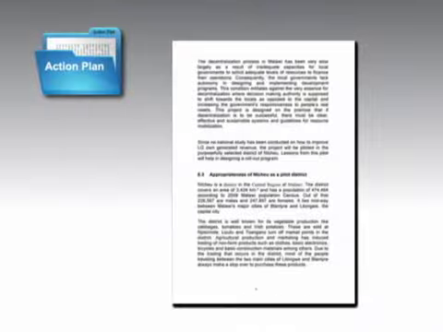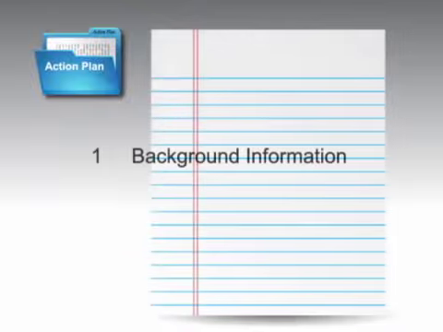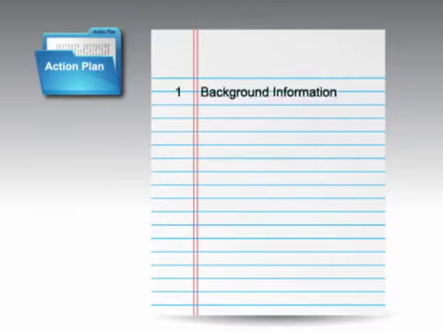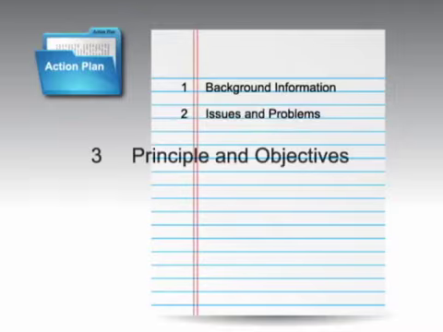An action plan requires detailed descriptions. Generally, descriptions of the program or project in an action plan are as follows. 1. Background information, such as sector, region, organization. 2. Their issues and problems. 3.